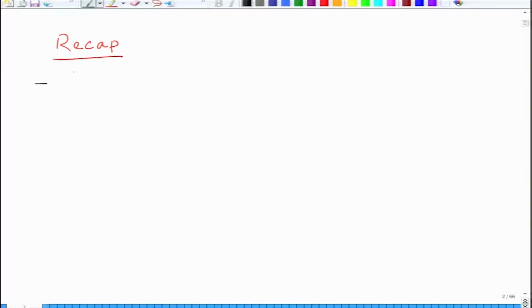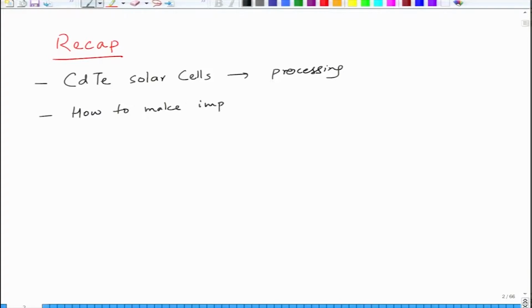So, in the last class we talked about CdTe solar cells, the remaining parts of processing, and then how to make improvements.